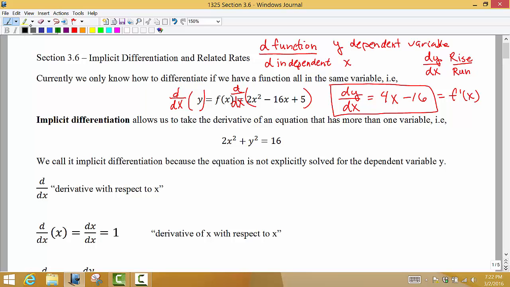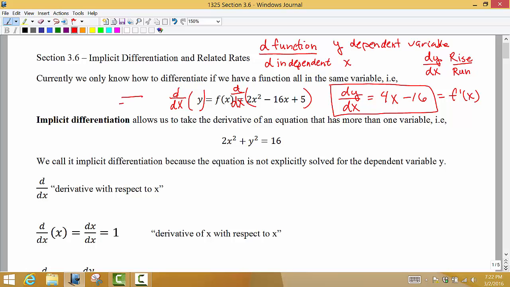That's really nice if you have y by itself on one side and the independent variable on the other. But what if we can't easily separate y to be on one side and x on the other? What if we can't easily solve for y?